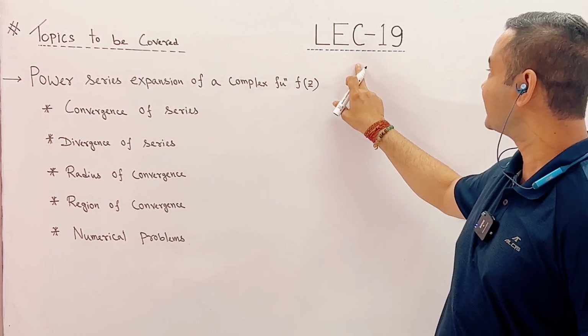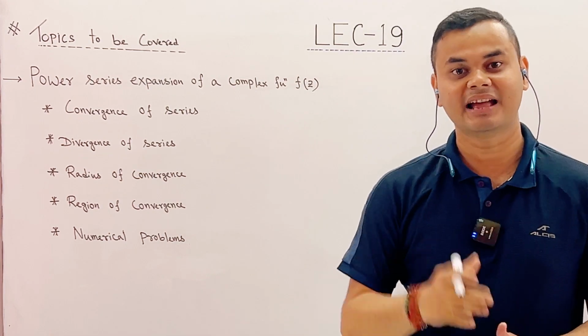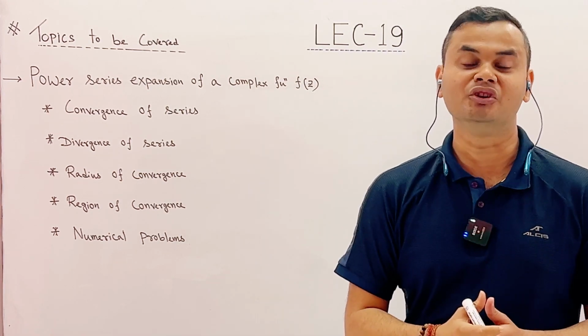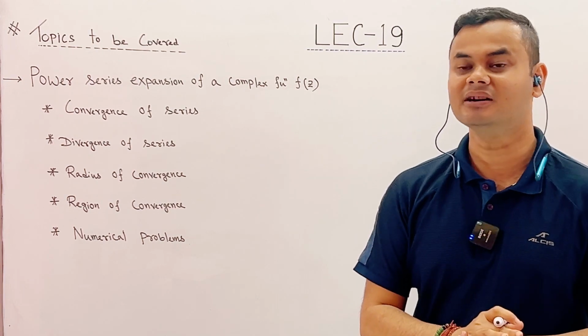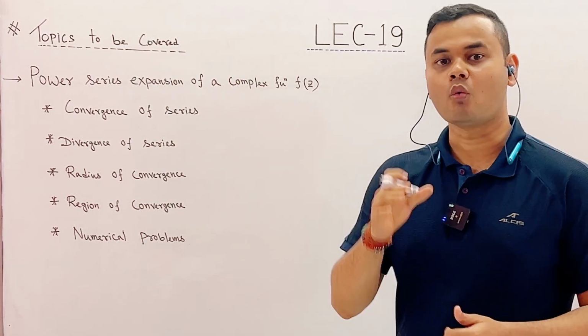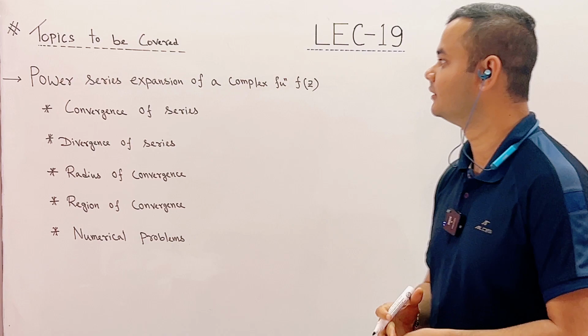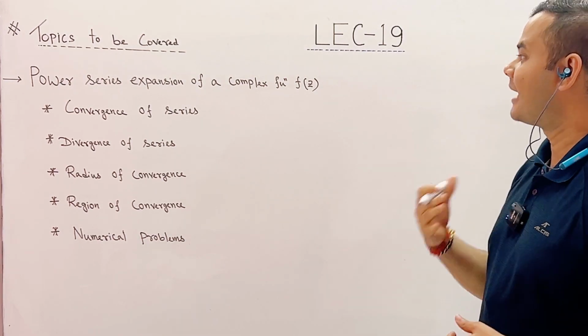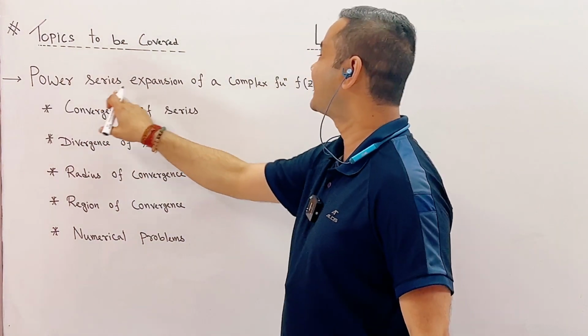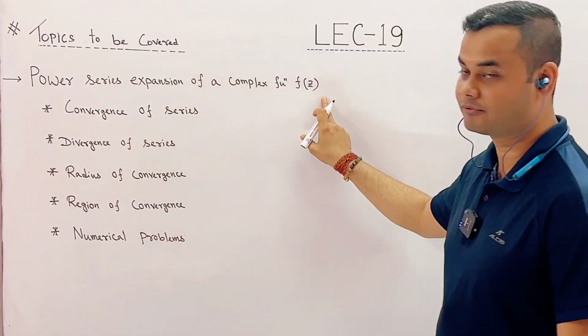This is lecture number 19 on complex analysis, and from today onwards I'm going to start the contents of module number 3. First, let me talk about what are the topics that I'll be covering today. The main topic that I'm going to teach you is power series expansion of a complex function f of z.